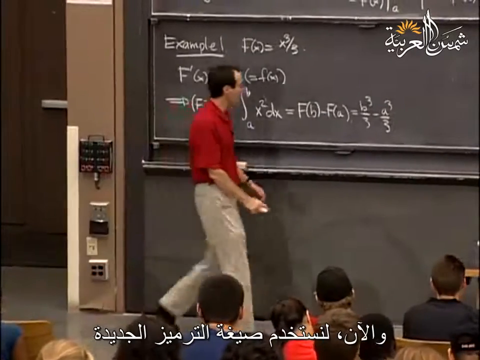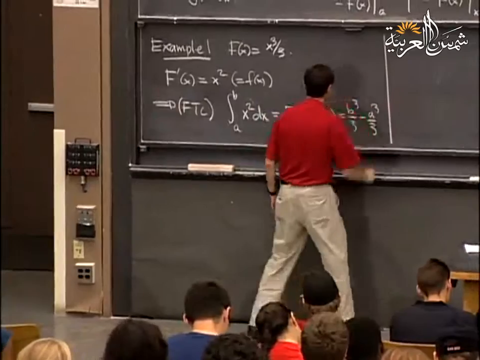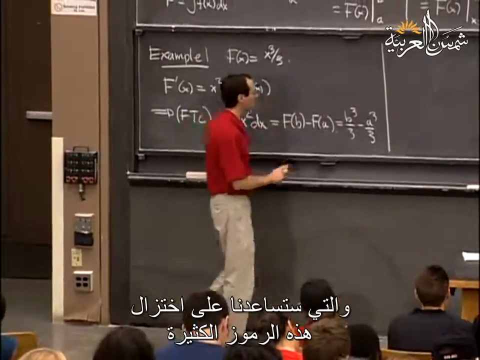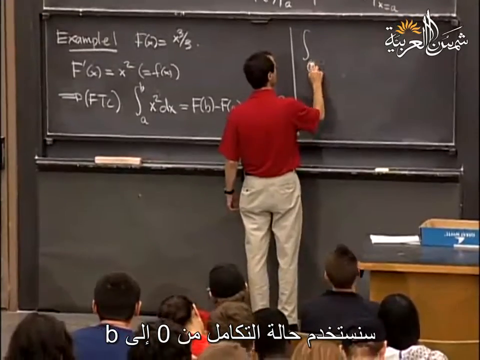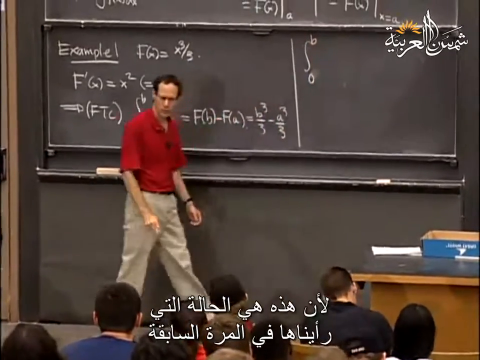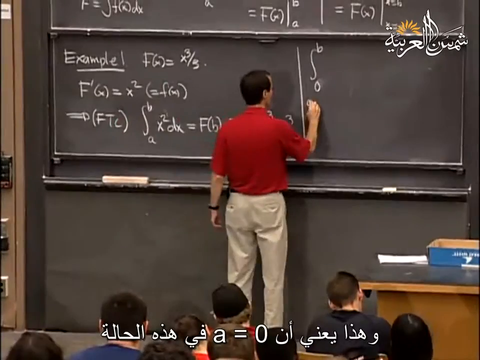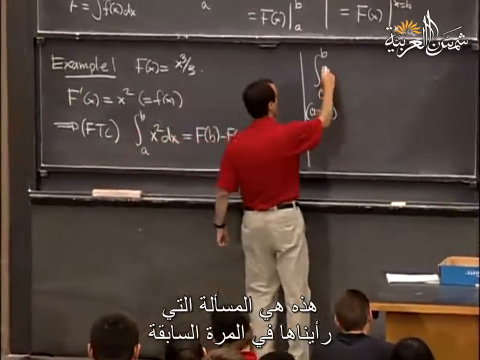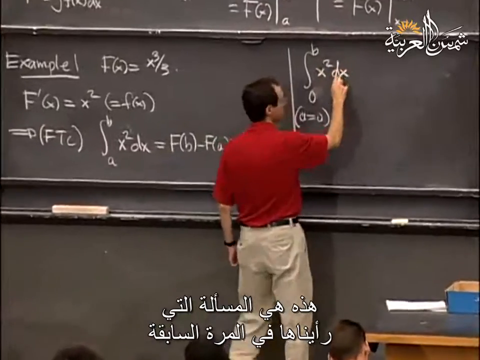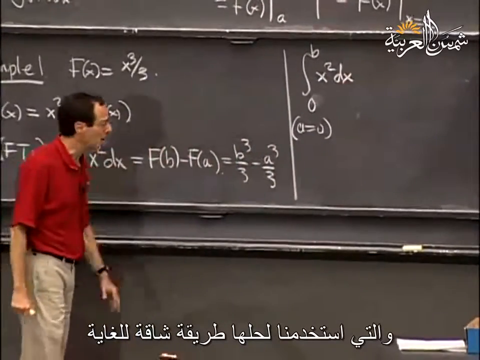Now, in this new notation, we usually don't have all of these letters. All we write is the following. We write the integral from a to b. And I'm going to do the case 0 to b because that was the one that we actually did last time. So I'm going to set a equals 0 here. And then the problem we were faced with last time was this. And as I said, we did it very laboriously.